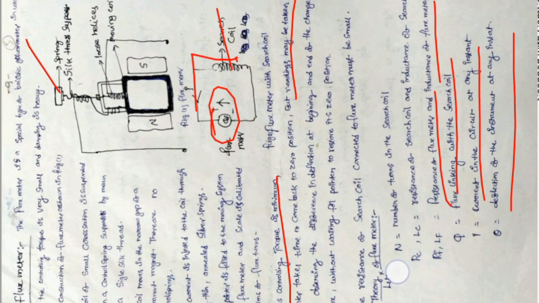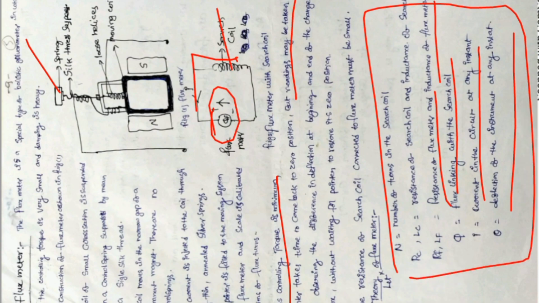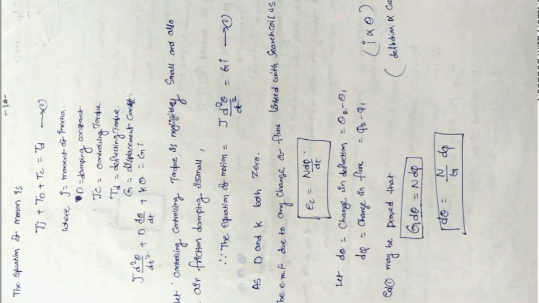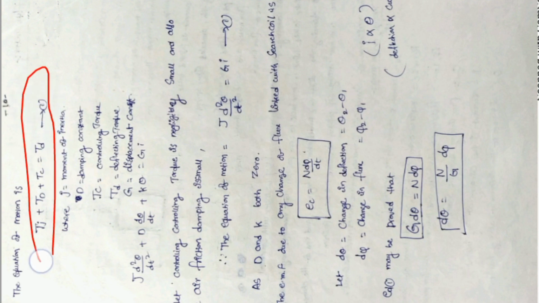These are the various terms we assumed to derive the equation of motion of the flux meter. The equation of motion is given by Tj plus Td plus Tc equal to Ta, the deflecting torque, where Tj is the torque due to moment of inertia J, Td is the damping torque with D as the damping constant, Tc is the controlling torque, and Ta is the deflecting torque, where G is the displacement constant.